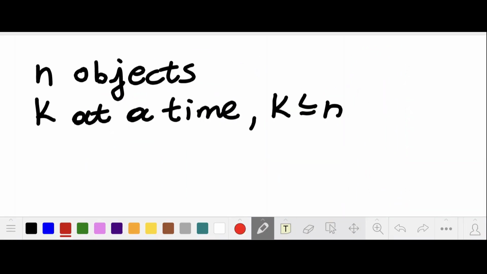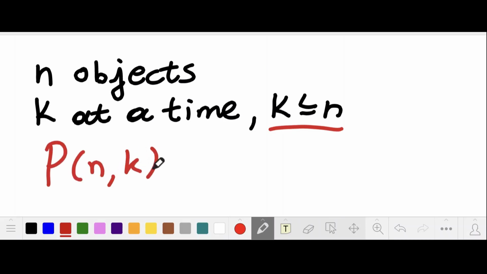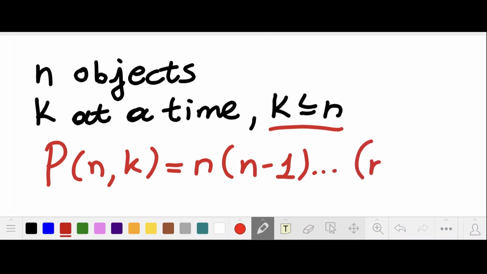We can now construct the general formula that finds the permutations of n objects taken k at a time. Of course, in order for this formula to make sense, k must be lower or equal to n. So the formula for the total amount of permutations of n objects taken k at a time is equal to n multiplied by n minus 1, and we keep multiplying until we reach n minus k plus 1.